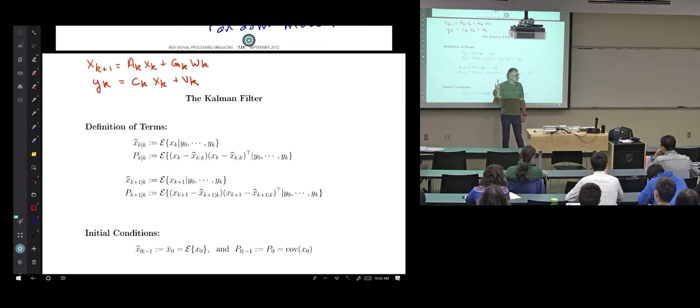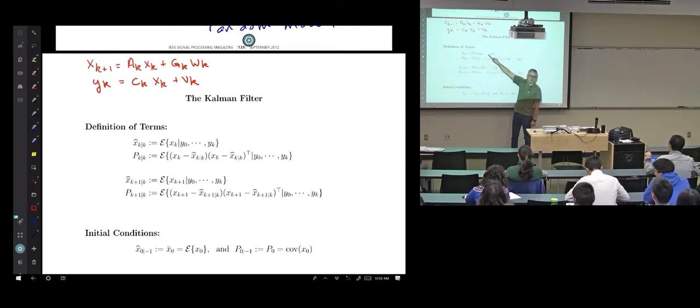Oops. It's okay, it's happened to me too. The best estimate of x at time k, we'll call this a conditional expectation. So today we'll study expectations. We won't be doing conditional expectations, but this will be the best guess of x at time k given all the past measurements.